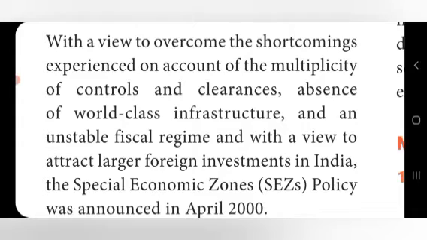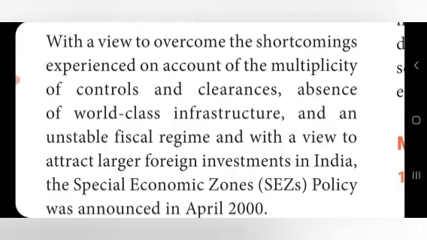So these are lacking in India. Multiplicity of controls and clearances, absence of world-class infrastructure, an unstable fiscal regime.